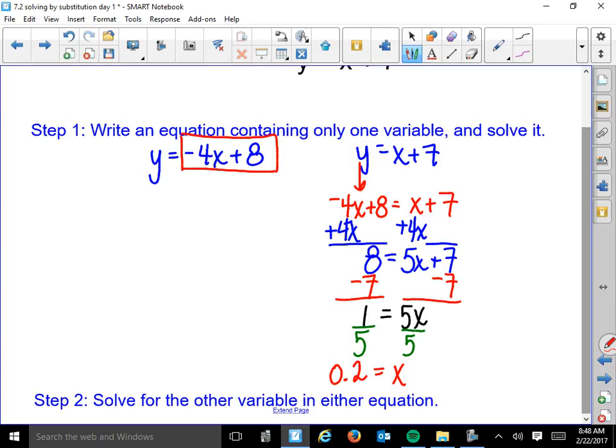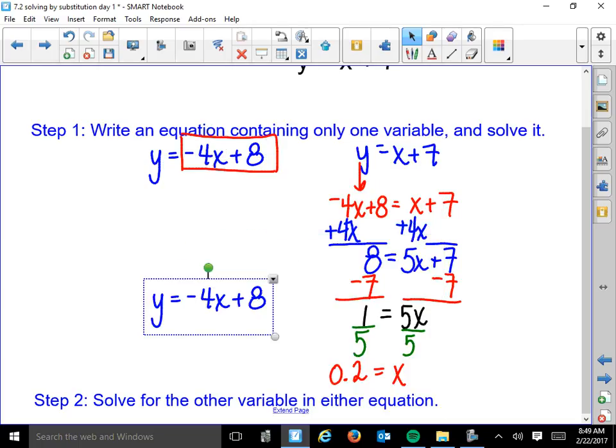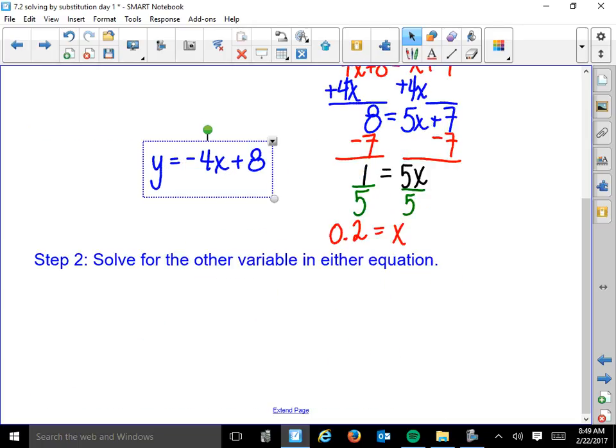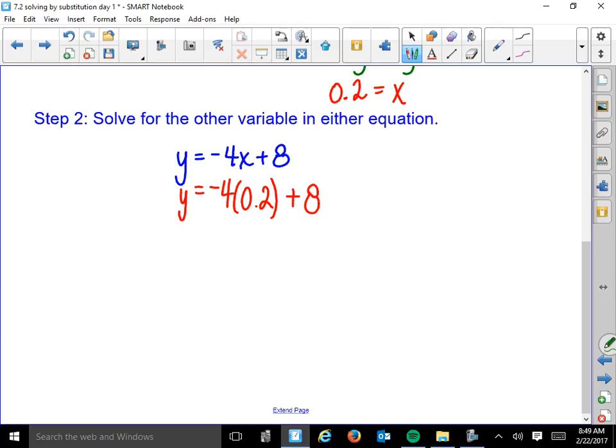So we now have half of my solution. I know that x is equal to 0.2. I'm going to work from one of the two equations again. It does not matter which one. Now solve for the other variable. Since I know that x is equal to 0.2, I'm now able to solve for y.